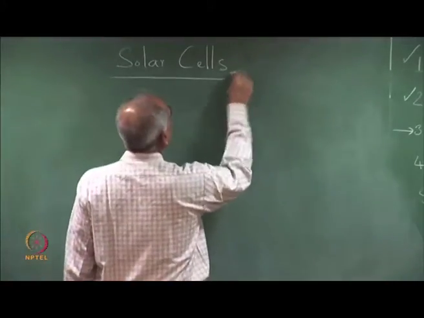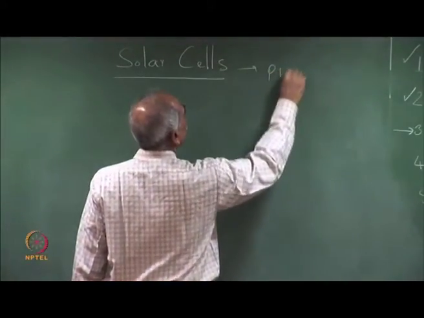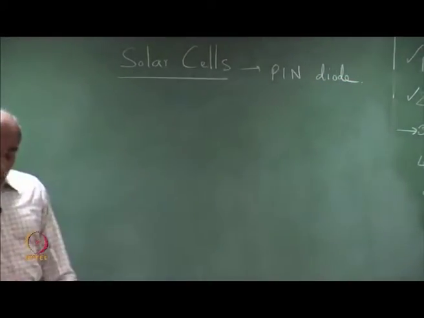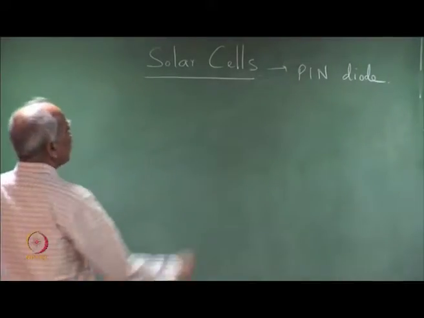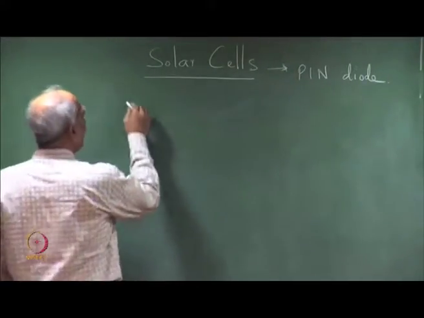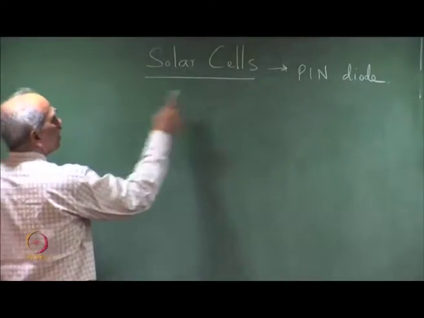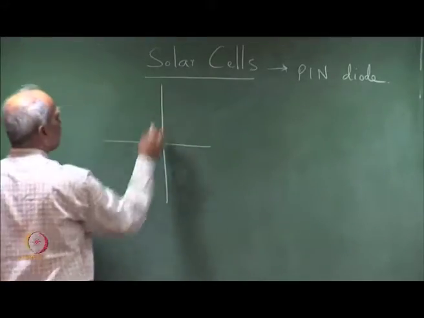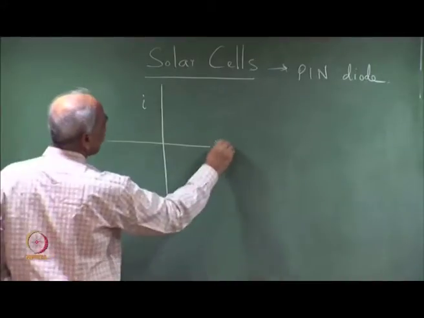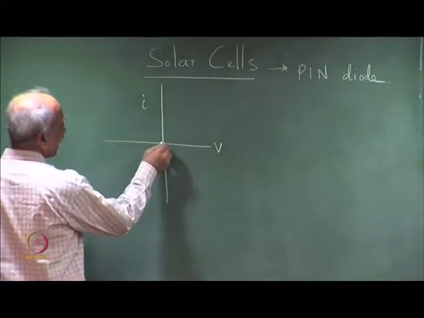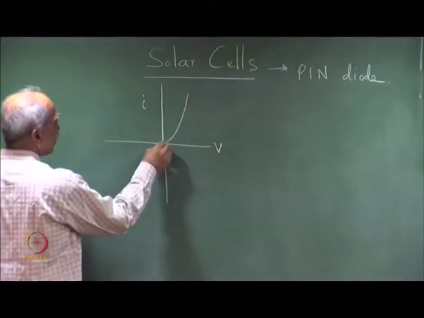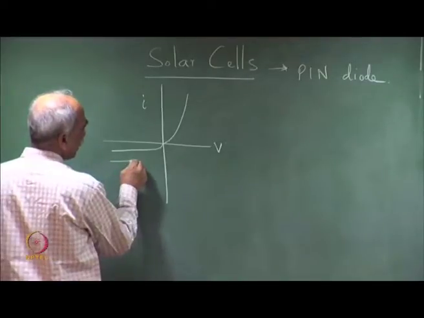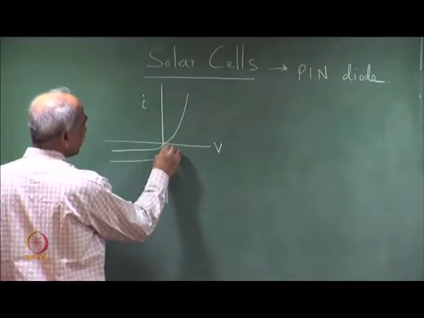So, basically this is a PIN diode, and if we recall the IV characteristics, this is the IV characteristic of the photodiode when there is a photon flux incident.